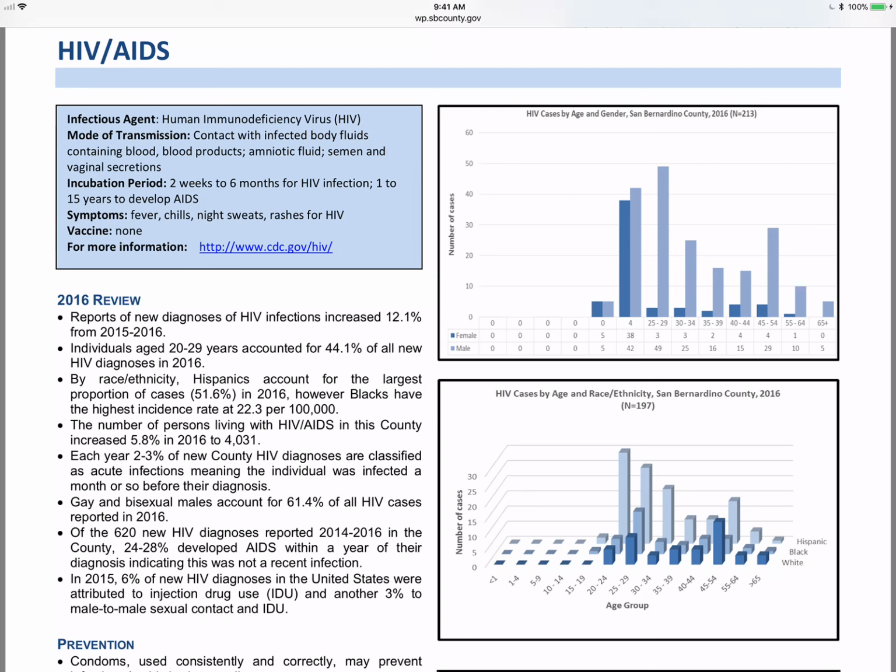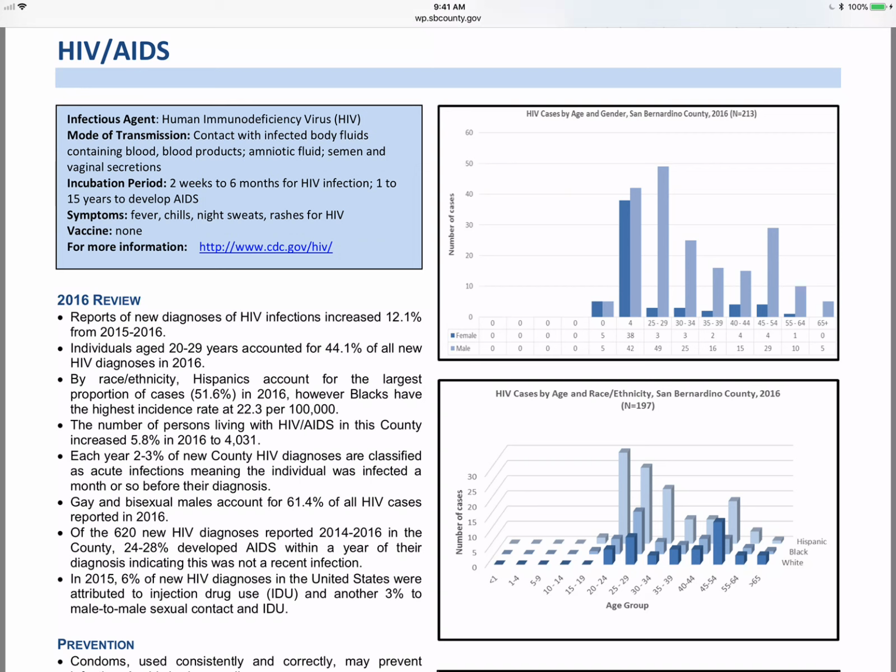But you can see in that 20 to 24 age group, that's the primary age that females are really at higher risk for HIV/AIDS, and for the other age groups it's quite low.